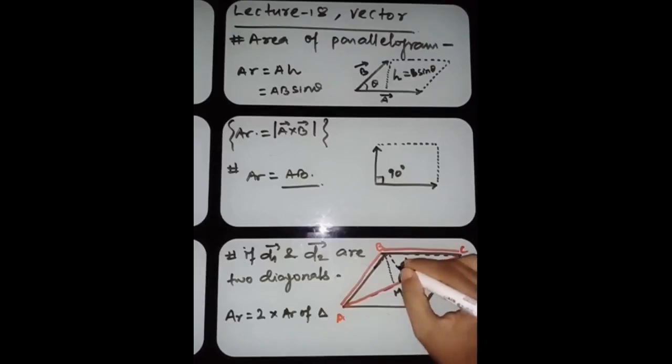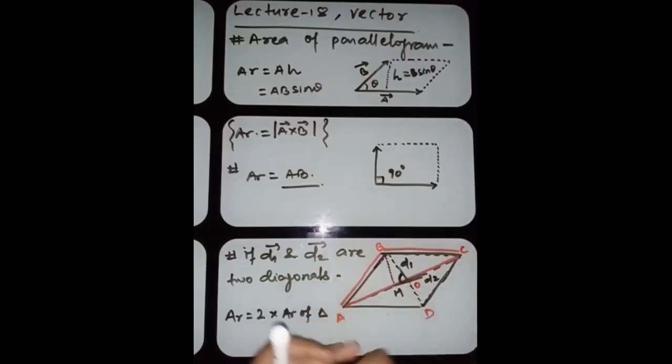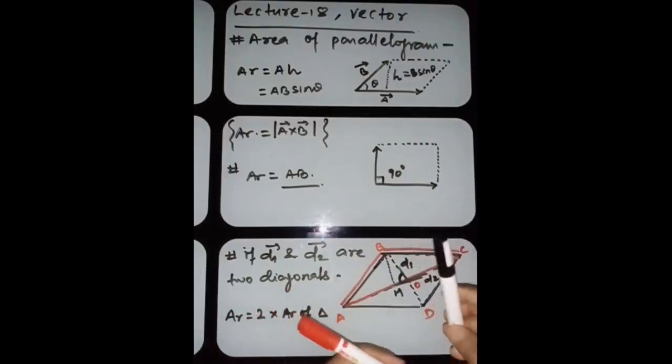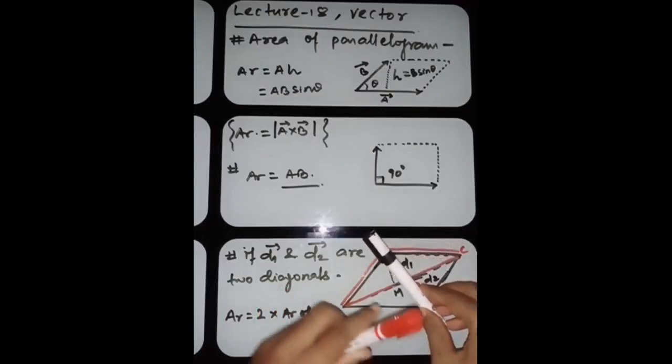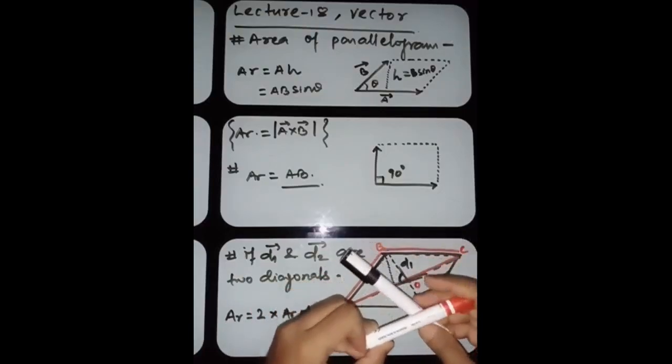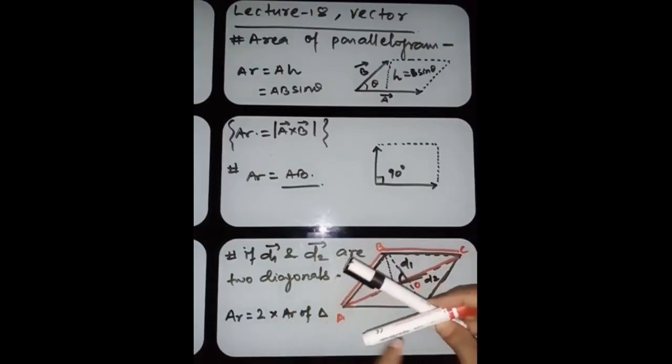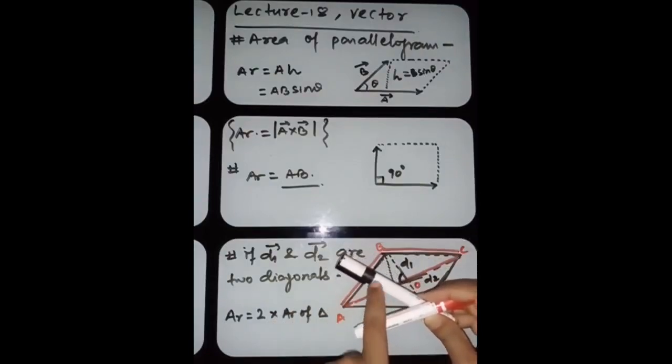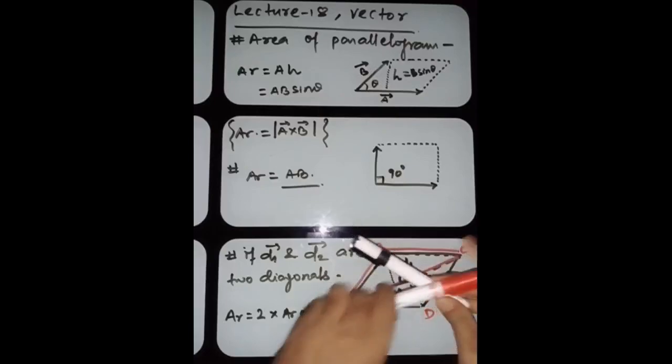One diagonal is going this way and the other is going this way, so this is the theta between the two diagonals.